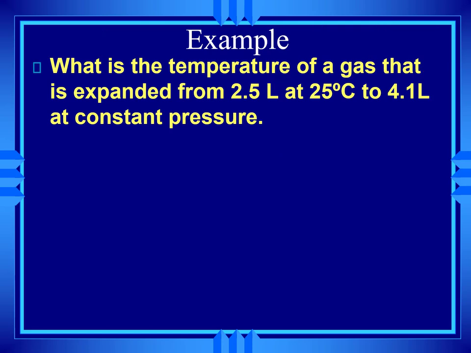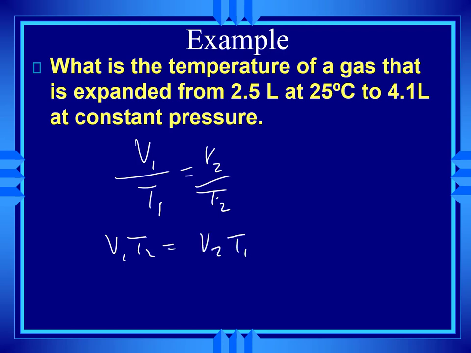So you've heard me say it a few times, but I'm going to repeat it. Get the thing you want on top by itself, and do it in that order. Get it on top first. There are bunches of ways to do this. Let's talk about them, and then I'll teach you a different way of thinking about it. I can cross multiply and get V1 T2 equals V2 T1, and then divide both sides by V1.